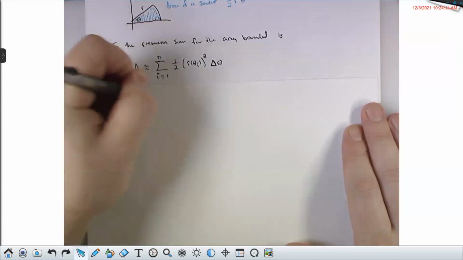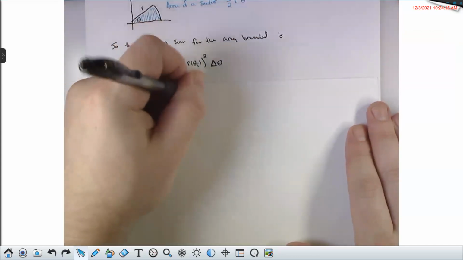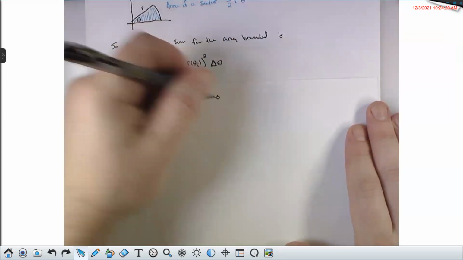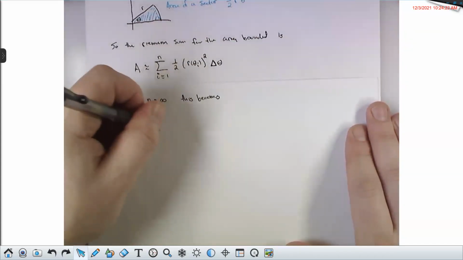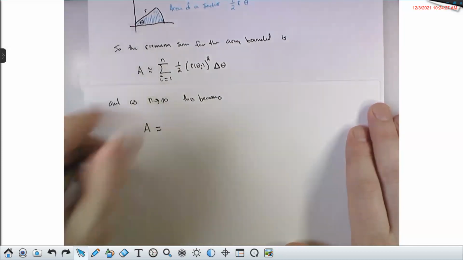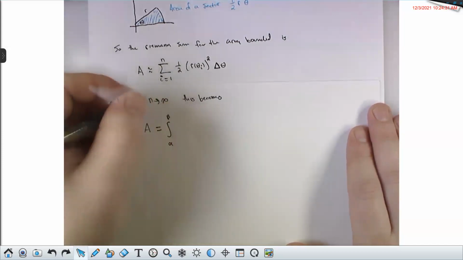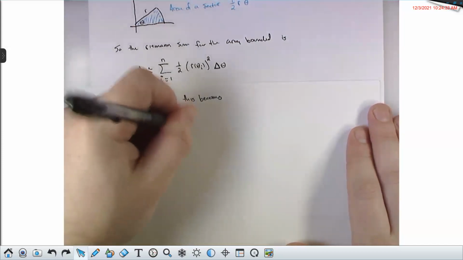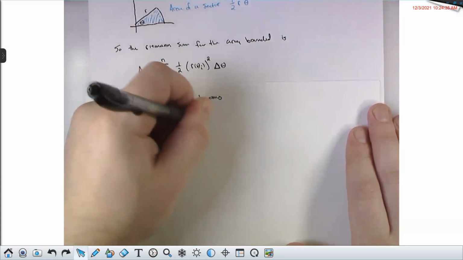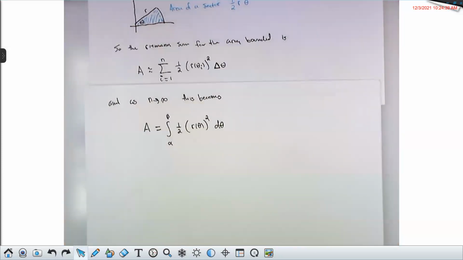As n goes to infinity, the shaky equal sign becomes an actual equal sign, and the sum becomes the integral from alpha to beta of 1/2 r of theta, my function, squared d theta.